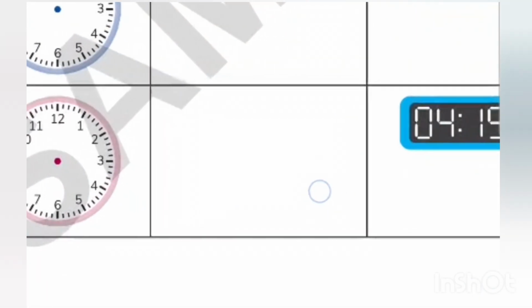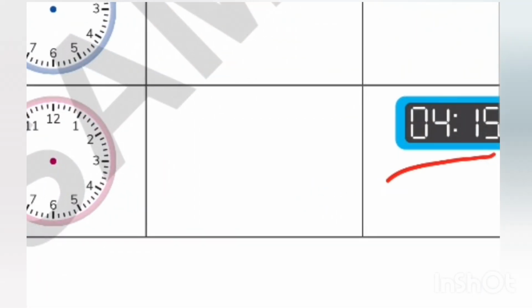Now we are moving towards 4:15. 4:15 means that the small needle is on 4 and the big needle is on 3.